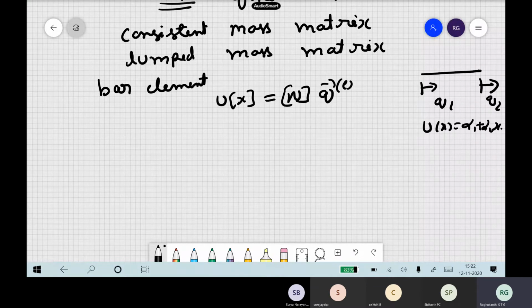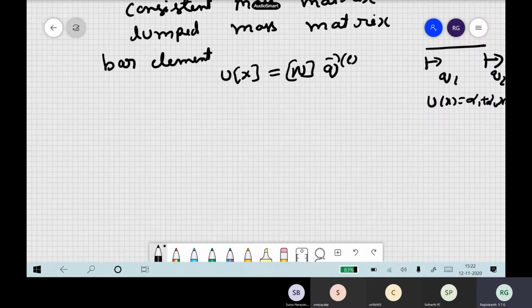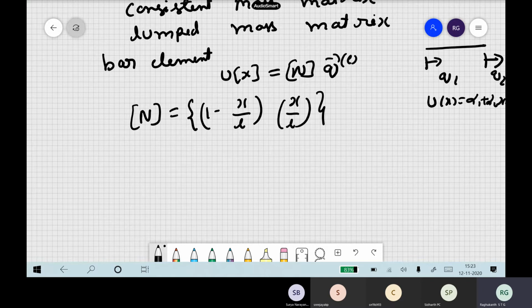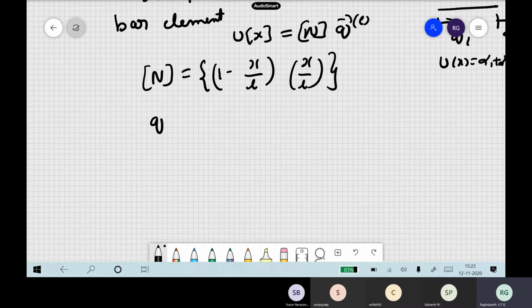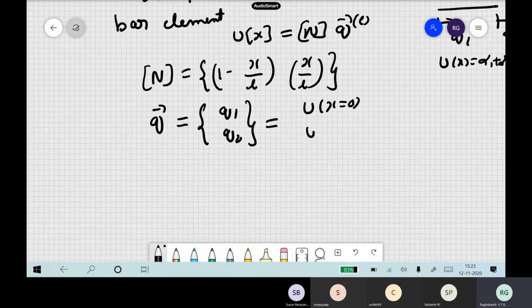Last class we already derived the shape functions: 1 minus x by L was one shape function, and the other shape function was x by L. And of course our q is essentially q1 and q2, at both nodes. So this is u at x equal to 0, then u at x equal to L. These are the displacements.